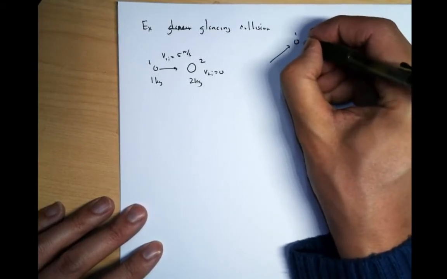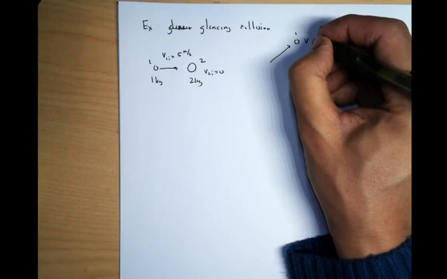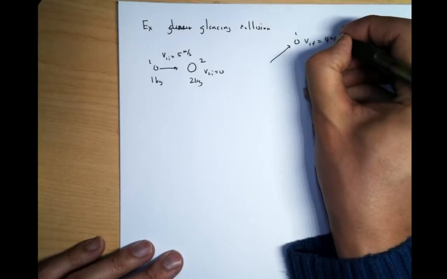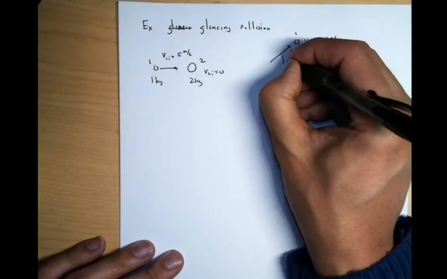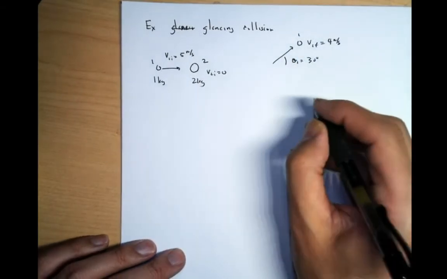Number 1, v1f is equal to, I said, 4 meters per second at some angle, theta 1 equals 30 degrees, right?